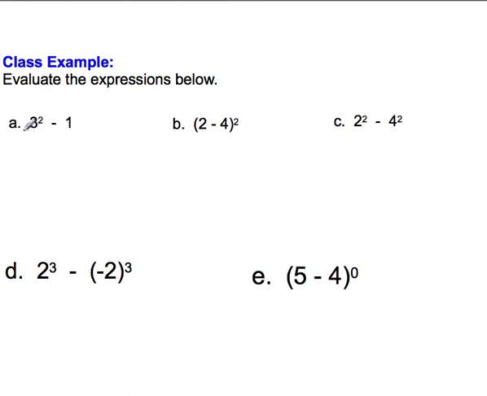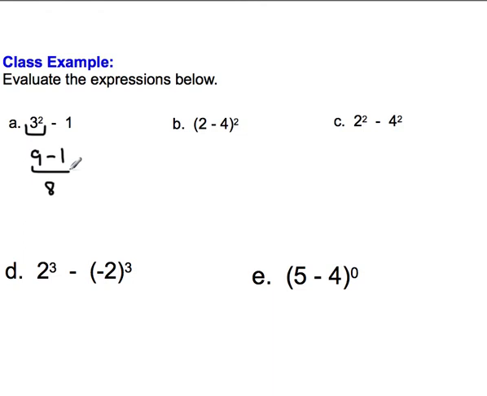What I do is I use the tray method. So I create a tray around what I'm going to do first. In this case, I don't have any brackets, so I go to my powers. So 3 squared is 9, and 9 minus 1 is 8.